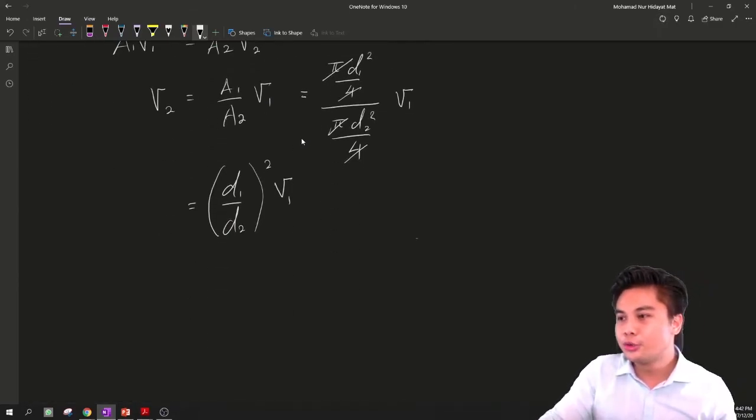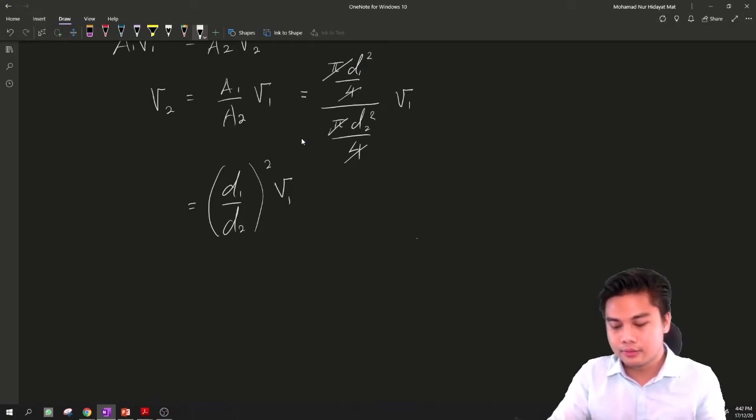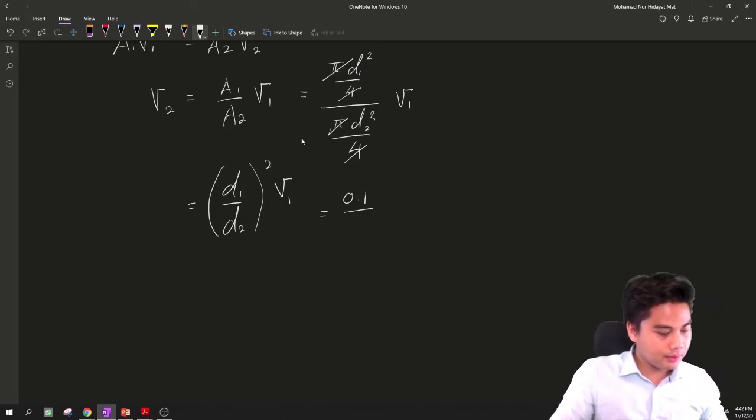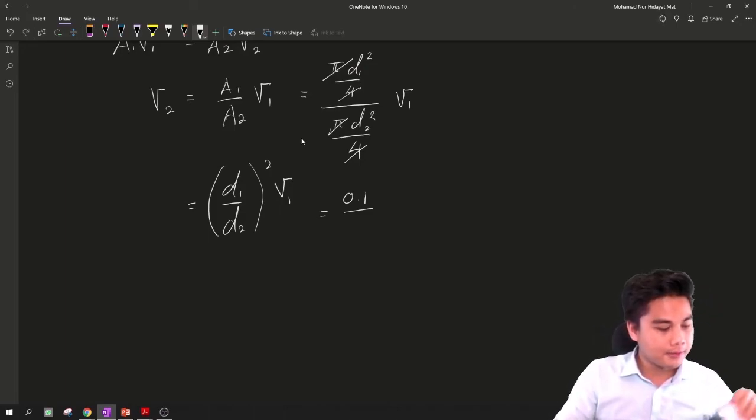So we substitute the value of d1, which is 100 mm, convert to meter, 0.1, over d2. I think it is 50 mm.